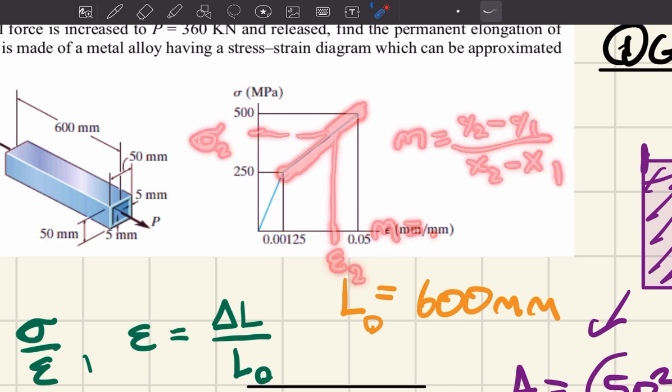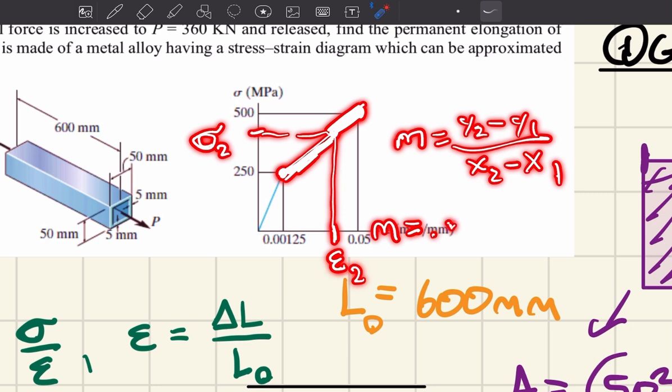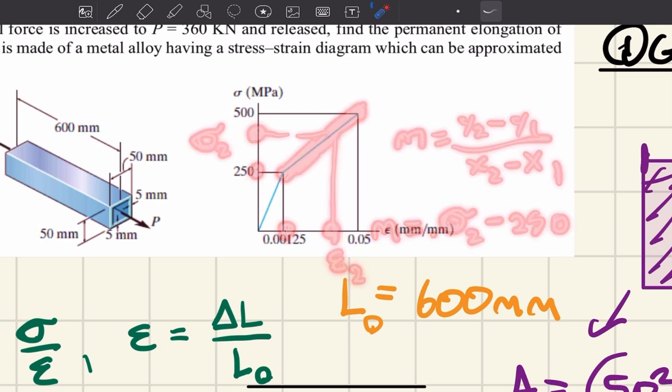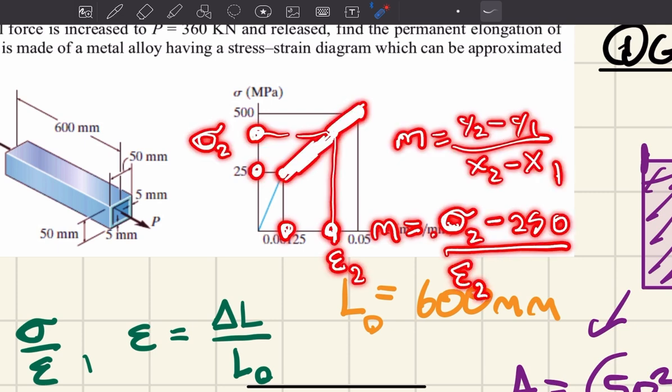So if we take sigma 2 minus 250, I'm looking at this slope right here. So y2 minus y1 over x2 minus x1, divided by x2 minus x1, which is 0.00125. If this is confusing you, and you know a better way to do linear interpolation, please go ahead. Now I'm going to compare it to this side. I'm sorry I wrote the variable right here, but this is the variable I want to find.